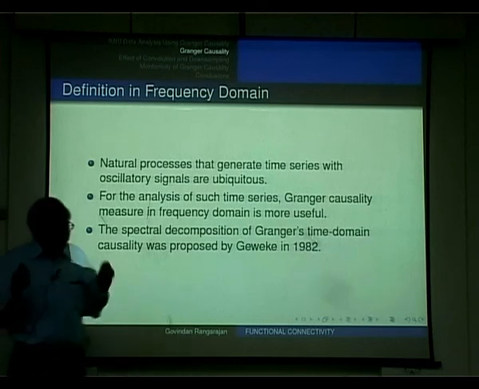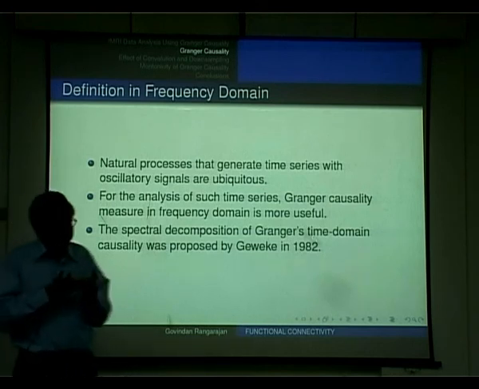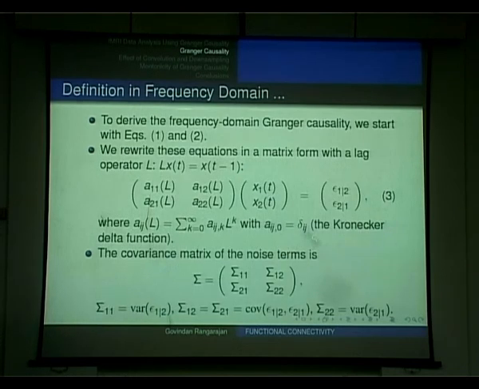So you may be interested in seeing whether there is a causal relation from, say, region A to region B at a particular frequency, for example in the beta band at, say, 20 Hz. That is important, and it will also be useful in looking at the effect of convolution and downsampling on Granger causality.